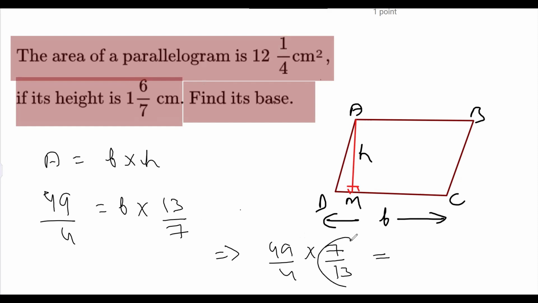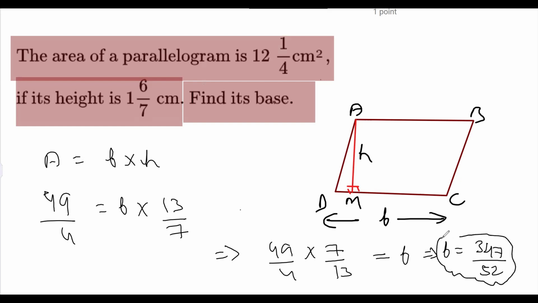That's why I multiplied this: 49 by 4 multiplied by 7 by 13 should give you the base. Now this cannot be reduced, as I can see, so we have to multiply this. So we'll finally say base as how much? That is 49 multiplied by 7, that is 343. And then 13 into 4 is how much? 52. So we'll say that this is the measurement of the base in this case.